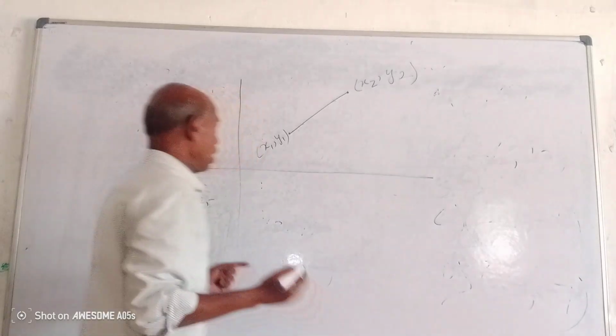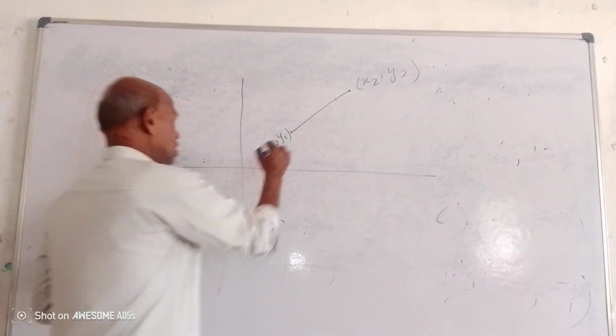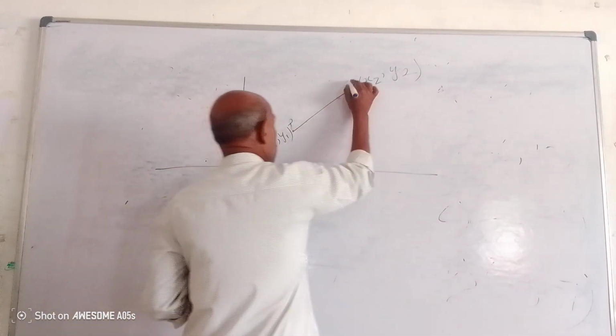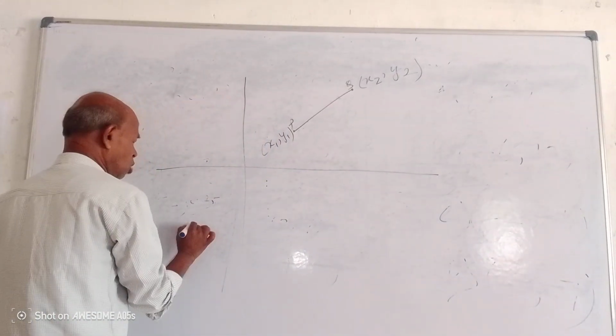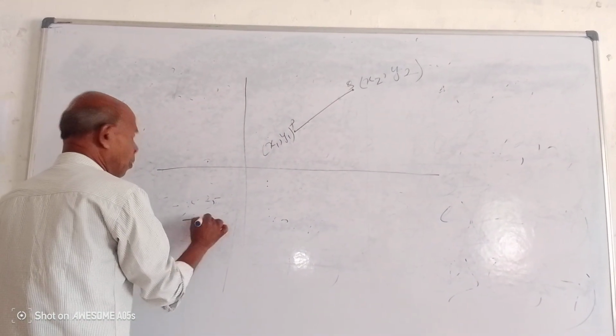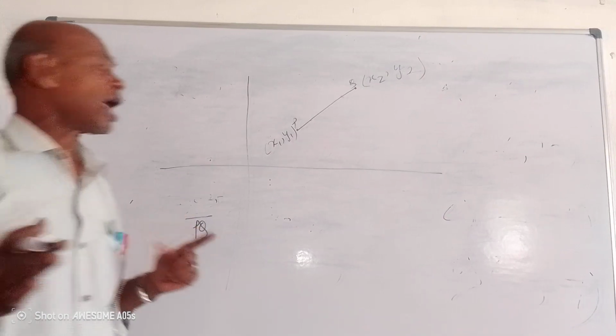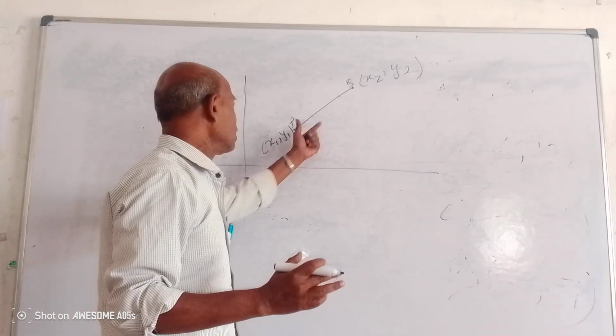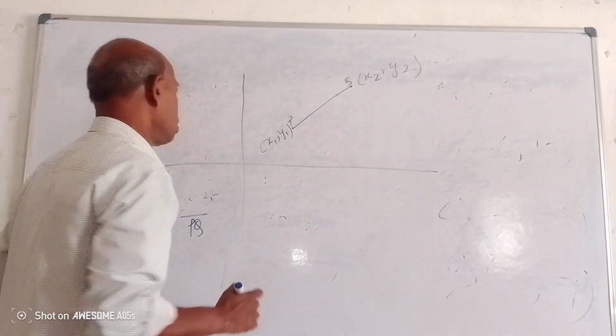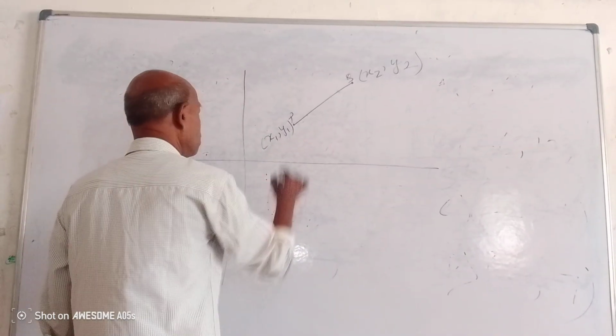Suppose these are points P and Q, and we are interested to find the length. We will derive a formula to find the length of this line PQ. So, how will you do this?